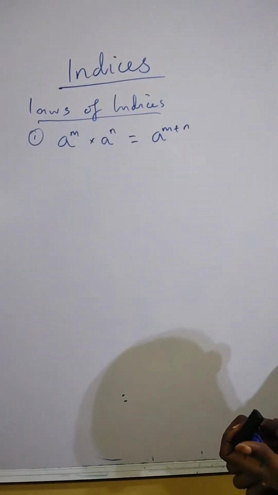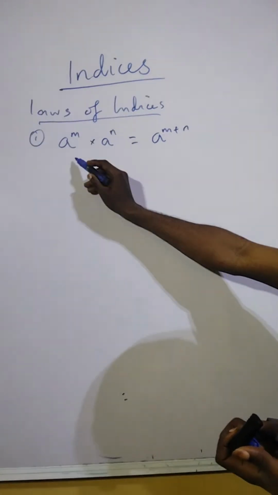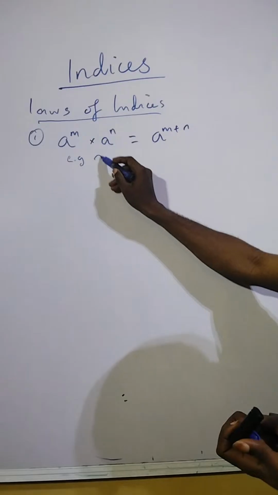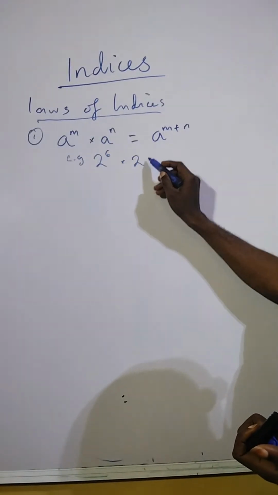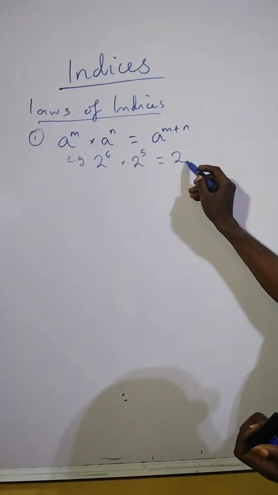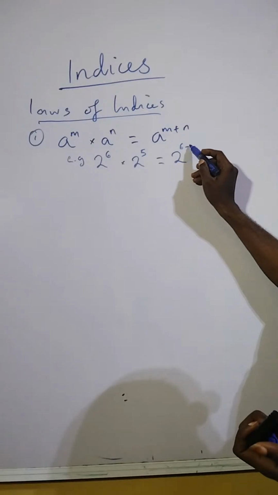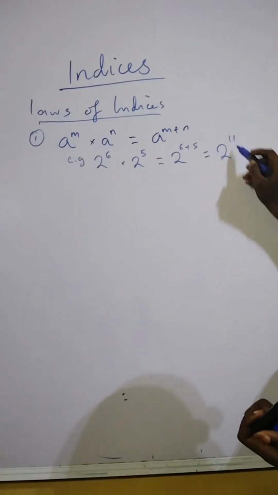That is that. For example, we might say we have 2 raised to power 6 times 2 raised to power 5. This is going to be 2 raised to power 6 plus 5, which is 2 raised to power 11.